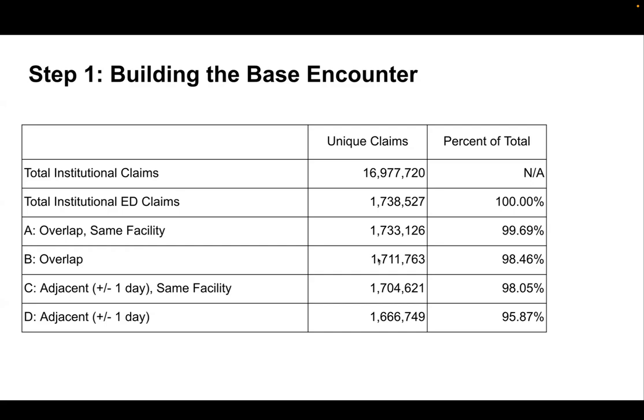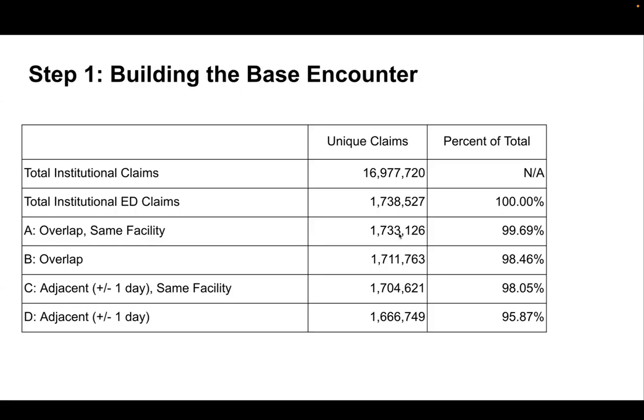Each row here is essentially the resulting number of encounters. So this column header is actually a little bit misleading. The top two rows are unique claims, but these four rows down here are actually the unique base encounters that we've built that have resulted from the merging logic.